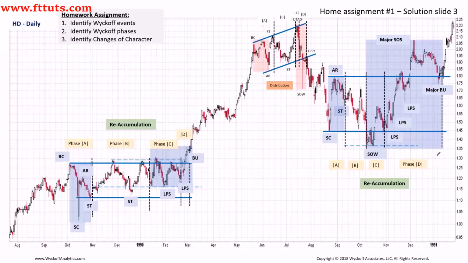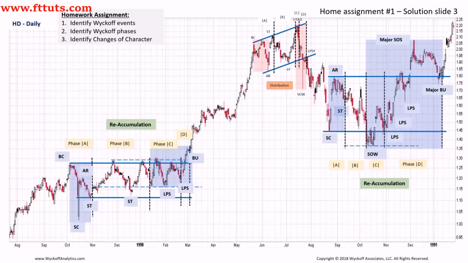Yes. Okay, my question is, why sign of weakness instead of spring in phase C of this accumulation? Yeah, this is a mistake right here. If we're talking about phase C, this should be a spring. Oh, I know what happened.